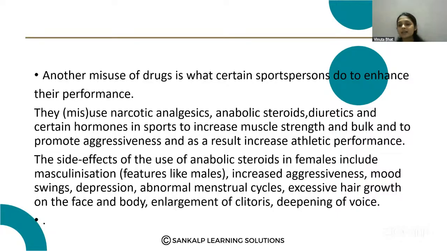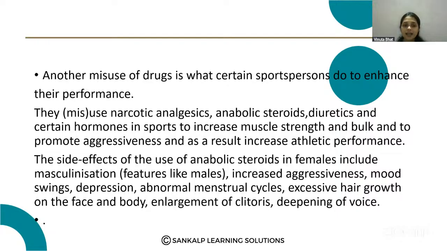If he clears the medical checkup, then only he is allowed to play the game. I have seen many examples where sports persons used drugs to increase performance and got banned from the sports. I hope you know all these things from the day to day news.